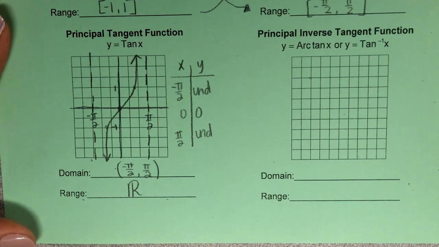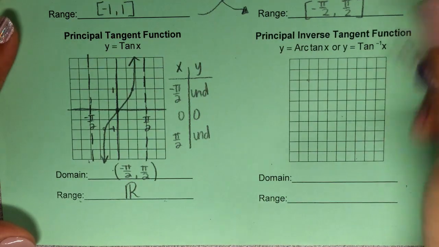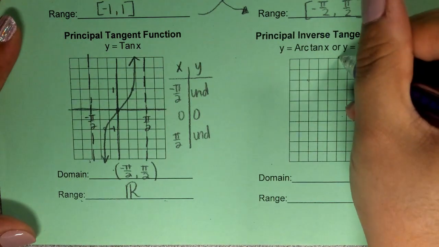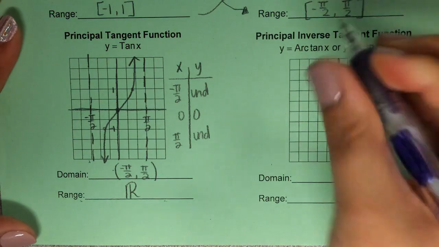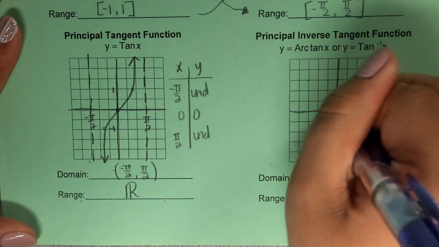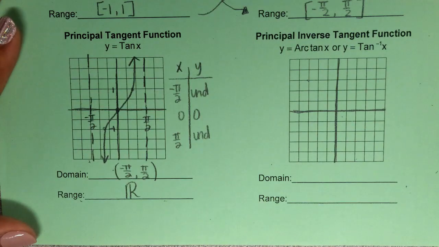So how am I going to do the inverse of this? How do I do the inverse of this? Asymptotes where?